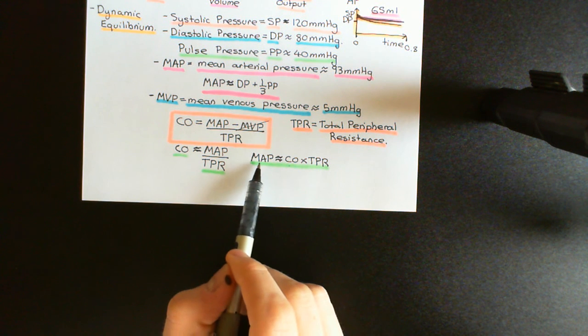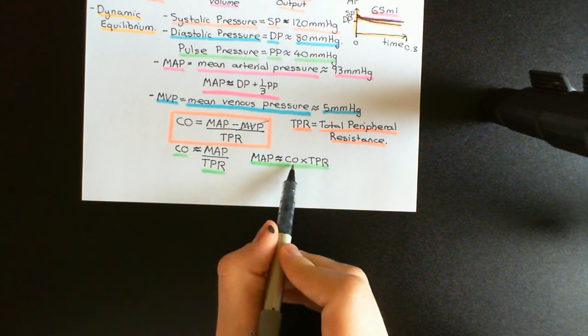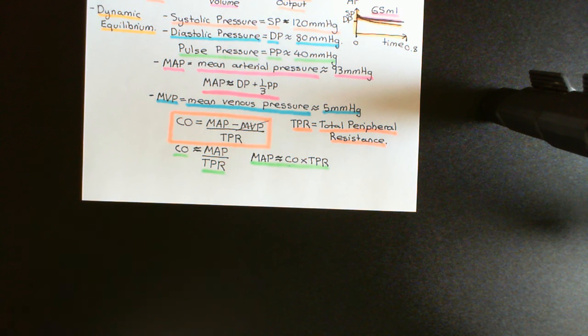If we're going to maintain a constant mean arterial pressure, which we need to do so that microvasculature network up in the brain gets the same amount of blood flowing through it in a minute, then we need to also raise cardiac output, is what this formula is telling us. And that's the great lesson then of this simple model of the cardiovascular system.